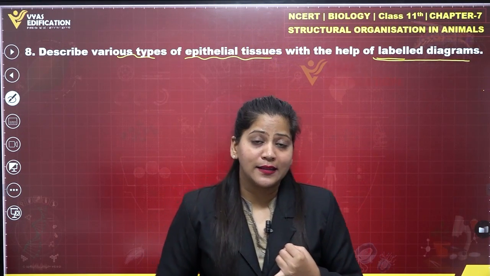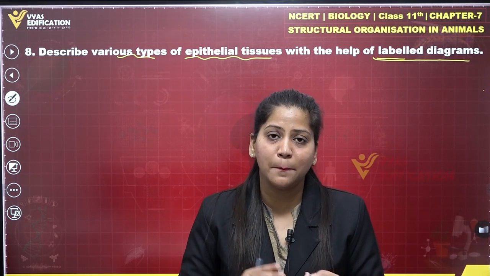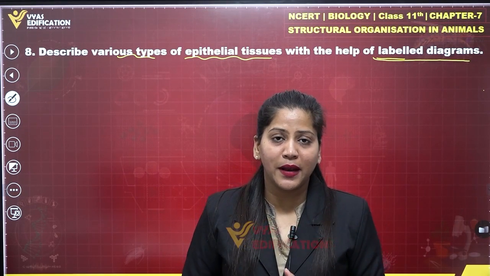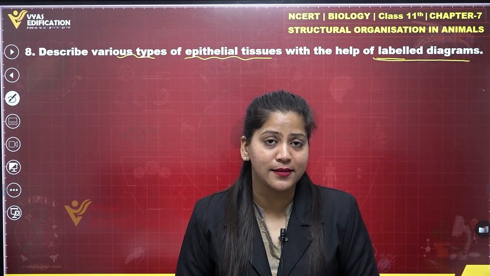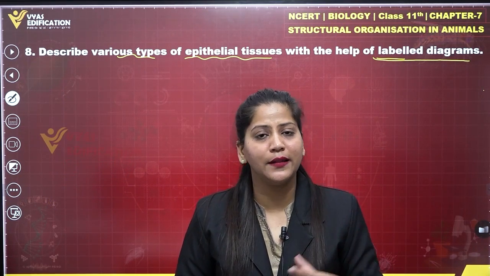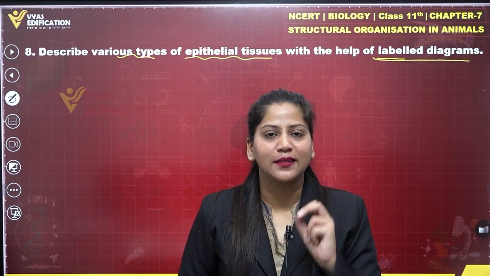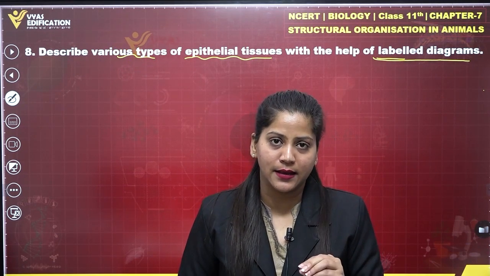Then the next type of simple epithelium is simple cuboidal epithelium. This is also a type of simple epithelium, so obviously it consists of a single layer of cells, but the shape of the cells is cuboidal.